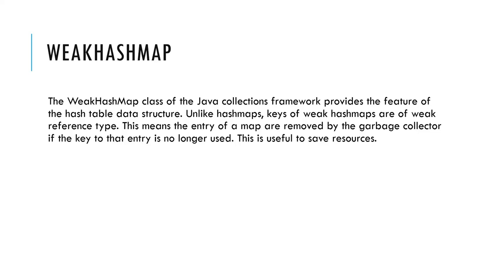So when you call the garbage collector, the keys of this hash map will be removed faster, because hash map uses a hard reference type, so in some cases hash map keys will not be removed by the garbage collector, but weak hash map keys will be removed.